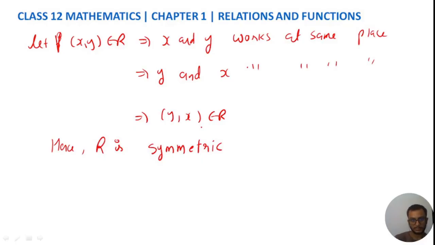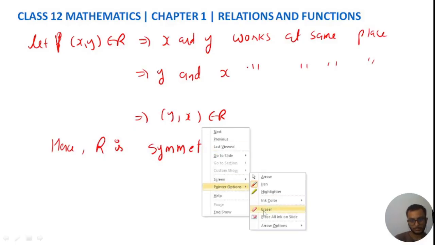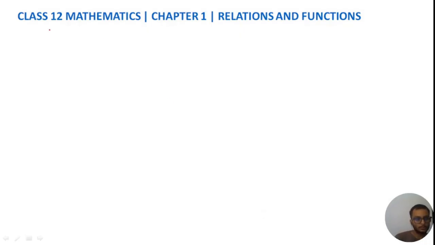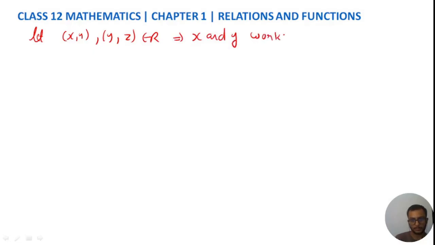Okay, now let's see whether it is transitive or not. For transitive, we need to pick elements (x, y), (y, z) in R, right? That is, x and y work at the same place. Also we have (y, z) in R, so y and z work at the same place.